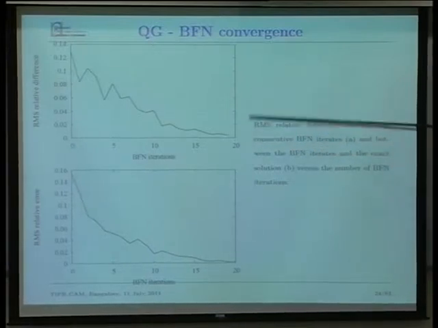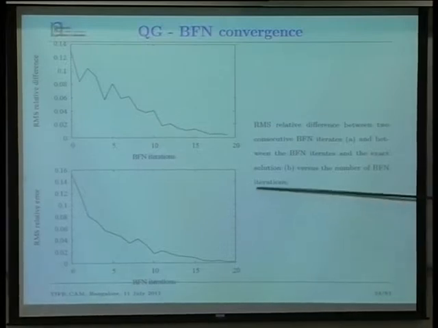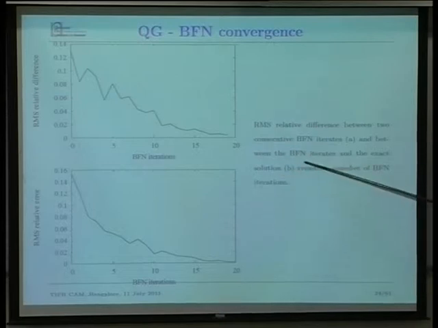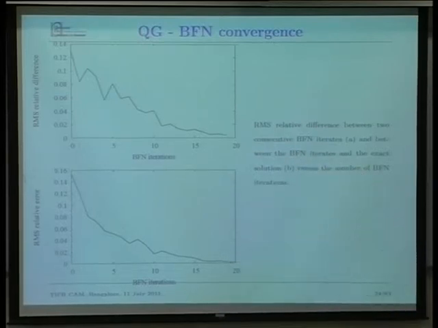Here it's the difference between 2 consecutive iterates. So after nearly 20 iterations, the iterate does not move anymore, so we can say that there is no need to make more iterations. And here it's the difference between the BFN state and the exact solution. So you can see that you have some convergence also after 20 iterations.